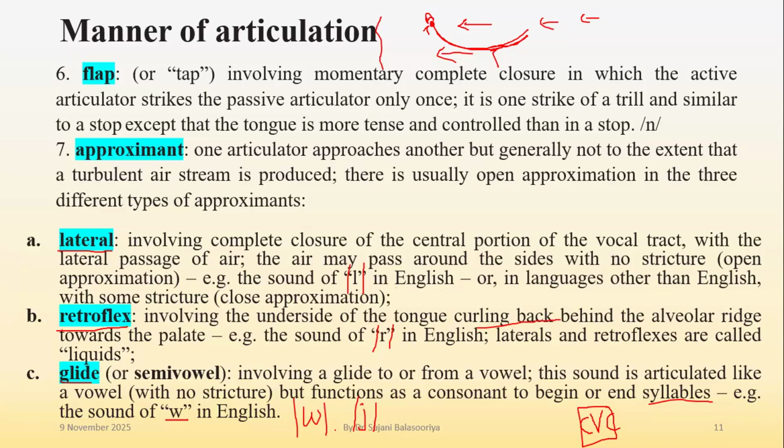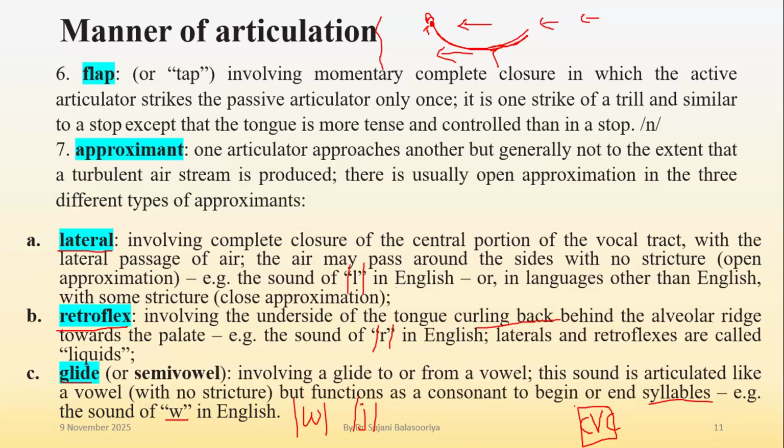But when we talk about the semivowels here, they are produced as vowel sounds with a free flow of airstream. And when we talk about their usage, they are used as consonants because we can sometimes start or end syllables with these two sounds as consonants, not as vowels.